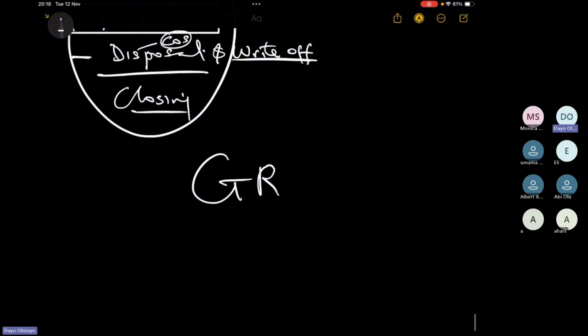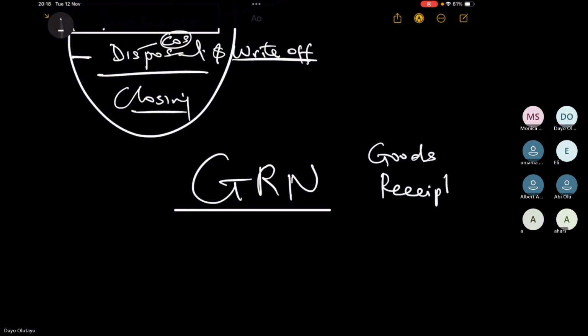GRN is for inventory. Dispatch note is for revenue sales. So GRN is the point where you will say you have purchased, because GRN stands for goods receipt note, in case anyone does not know. So once again, it is not invoice, it is goods receipt note that you will use.